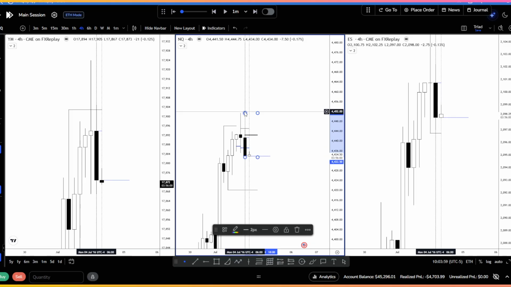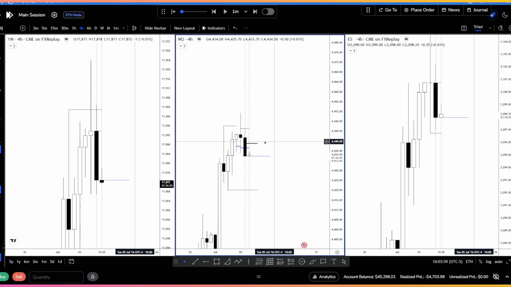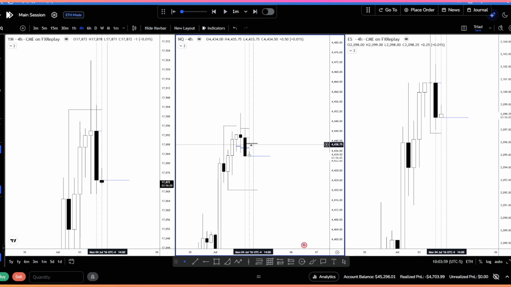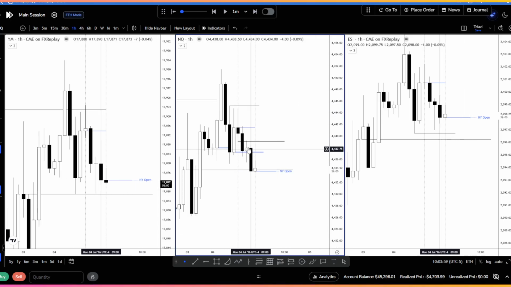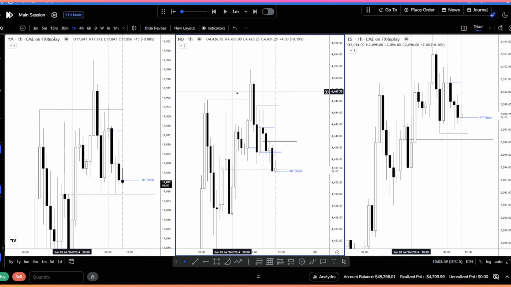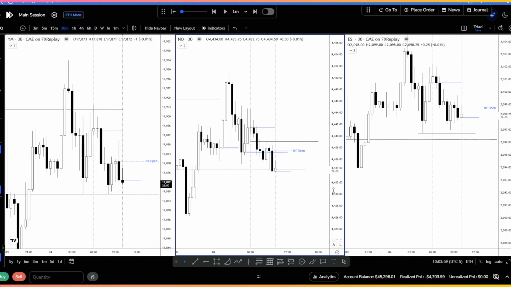So let's see if it respects the lower half of this previous candle on NQ, which is the weakest asset. If it wants to do that, it has to do that on the weakest asset. We do get this closure, the continuation closure on weakest asset, which is NQ.